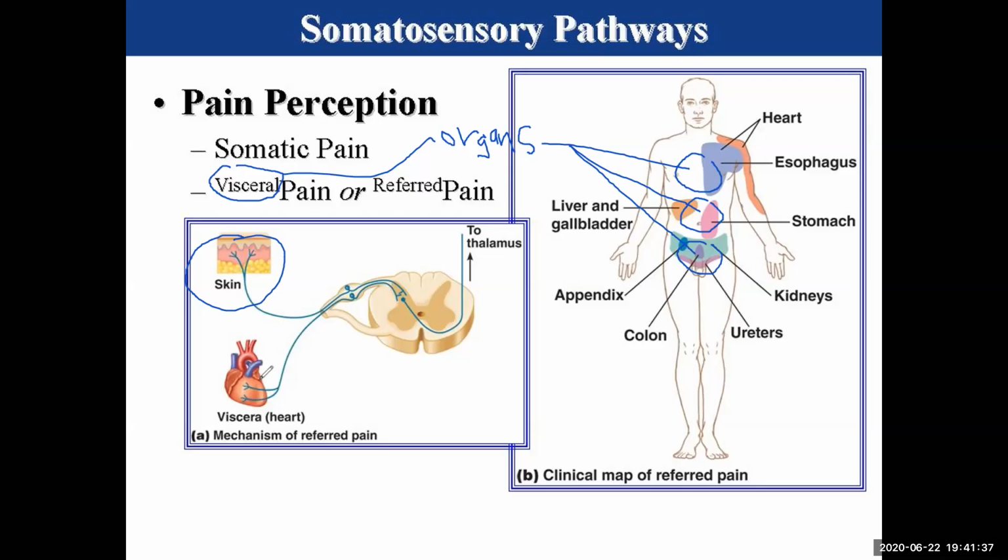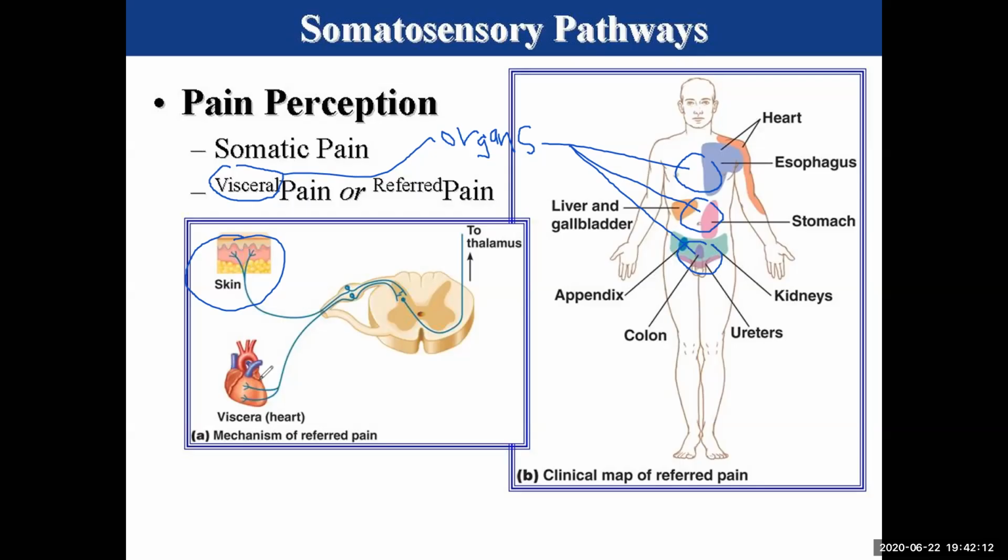So that's why we fail to locate with accuracy where the discomfort comes from when any visceral organ has a problem. If you have a discomfort in your abdominal area, you would be hard pressed to tell your physician exactly where the information comes from. You can't tell the physician, hey, I have a pain, I know it's from the liver, or I know it's from the pancreas.